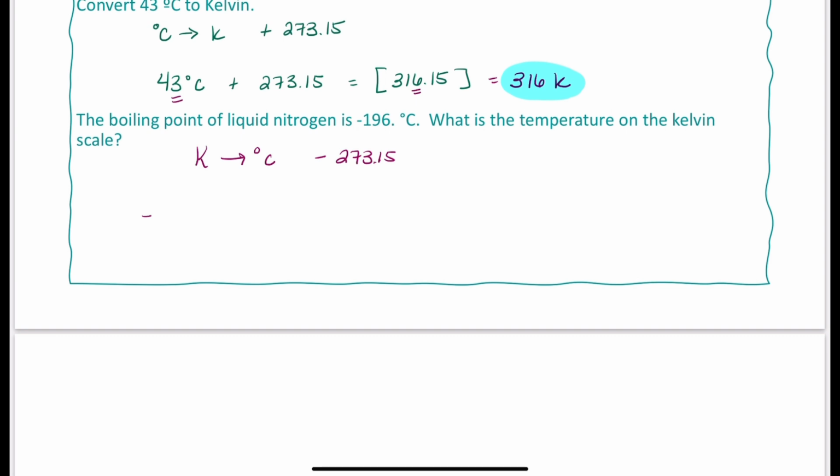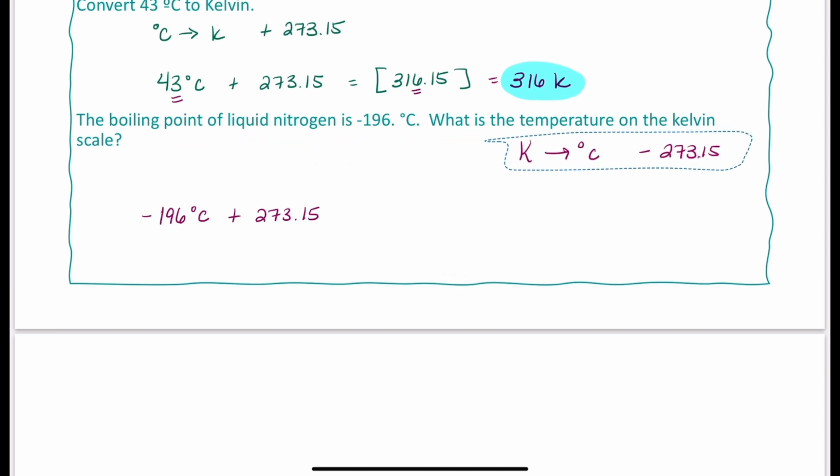Sorry, I'm tired. It's late, and I should pay attention to what I'm doing. So I'm doing the same thing as before. I'm adding it, this time starting with negative 196 degrees C. I'm still adding 273.15, because the subtraction is if I was going from Kelvin to degree C. I am going degree C to Kelvin, so I'm adding 273.15.